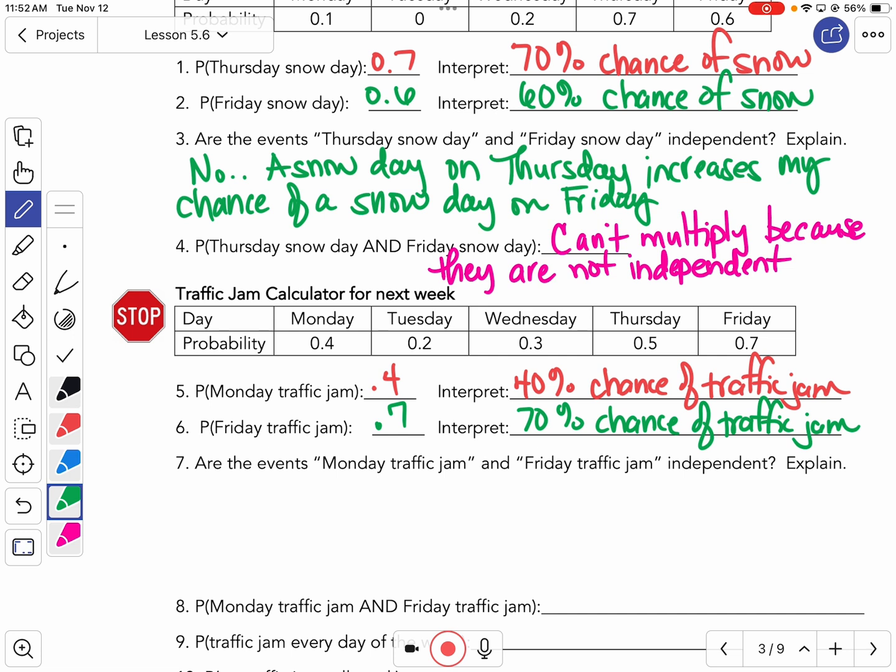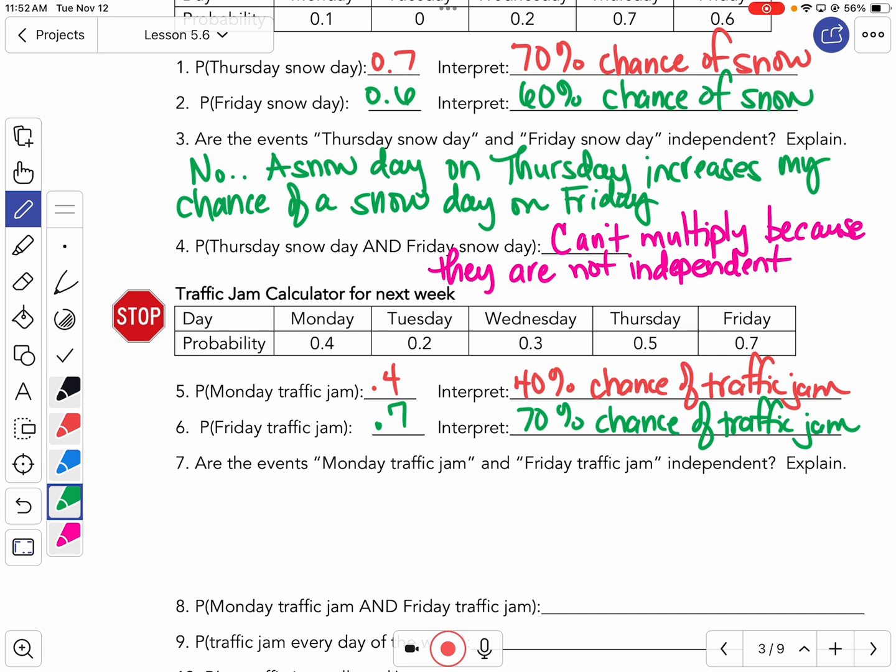Okay. So let's think, are those two things independent? Does the fact that I have a traffic jam on Monday impact if I'm going to have a traffic jam on Friday? No. Okay. So really, those are just days. Why do you think it's higher on Friday than on Monday? It's the weekend. Everybody's out. All right. So it makes sense that it's higher on Fridays.